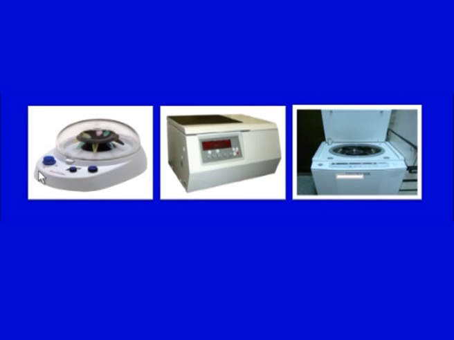The various applications that can be performed depend on the relative centrifugal field. You can see here some examples: a very small microcentrifuge or microfuge, a quick spin type centrifuge; a tabletop refrigerated centrifuge; and these slightly larger floor model centrifuges. So there could be various kinds of centrifuges for various kinds of applications with a lot of flexibility.